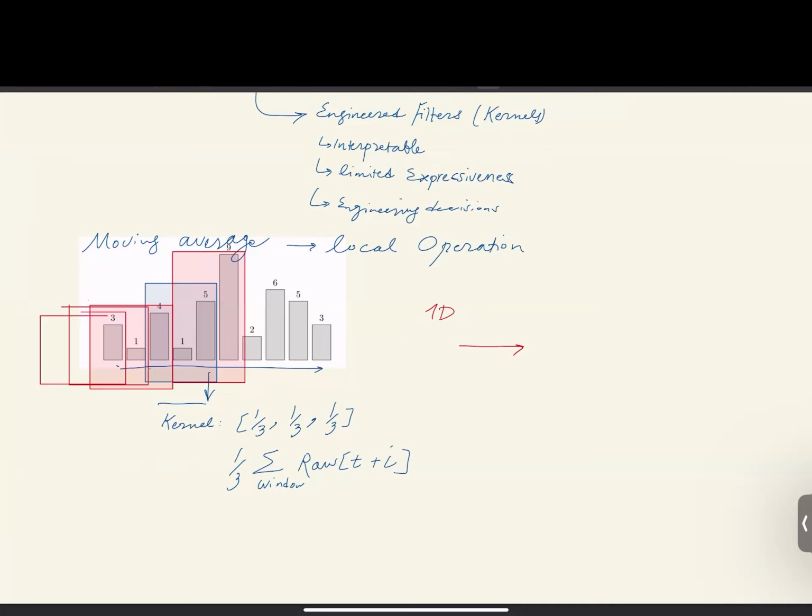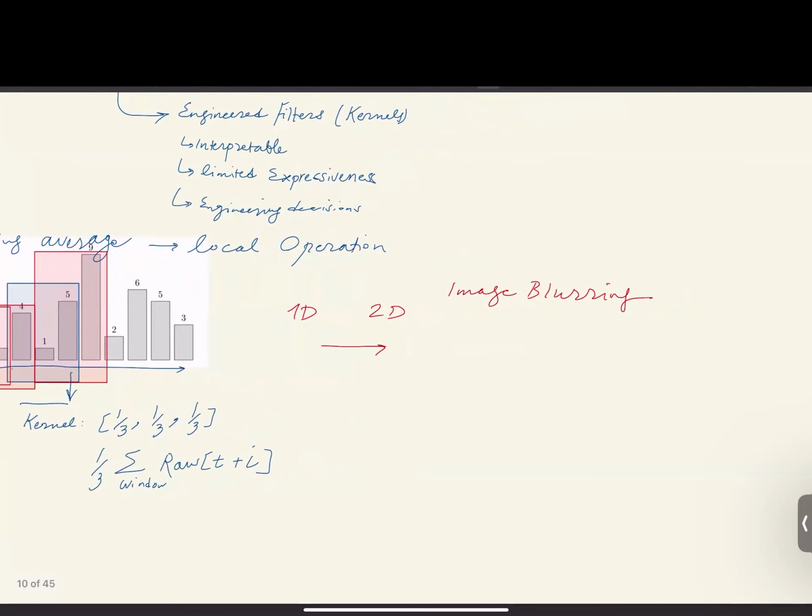If we do the same thing from 1D to 2D, this corresponds to what we do as image blurring. So same process, we define a small window and a kernel, and this kernel has some weights. So we have to choose this kernel. We can use a uniform weight kernel, for example.